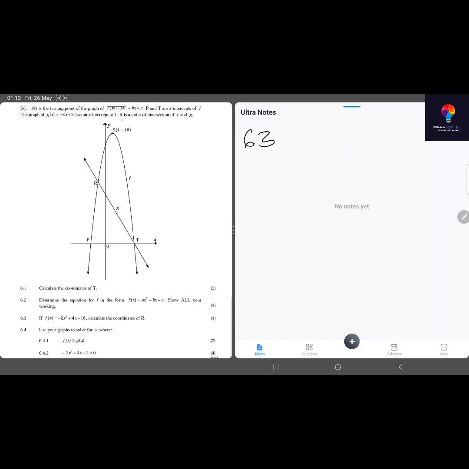Already in our statement, it has been said that R is a point of intersection of f and g.